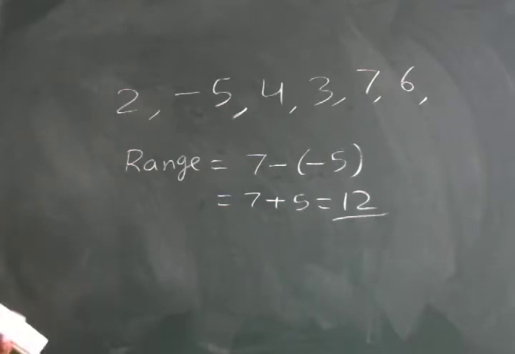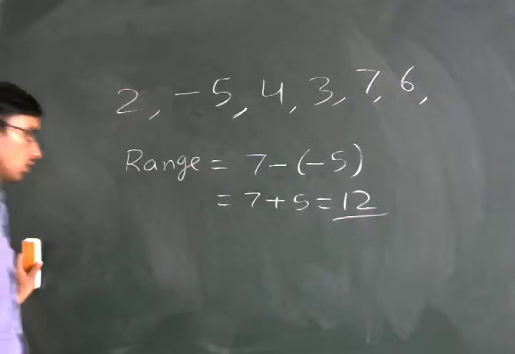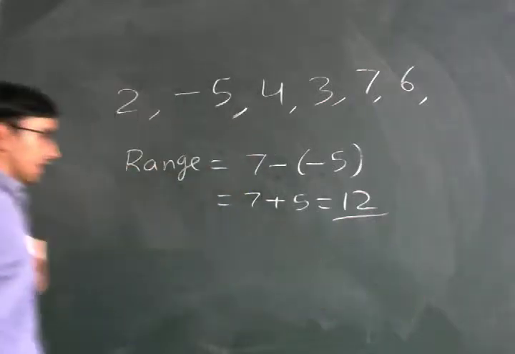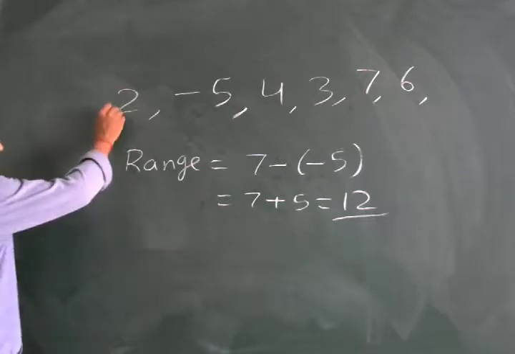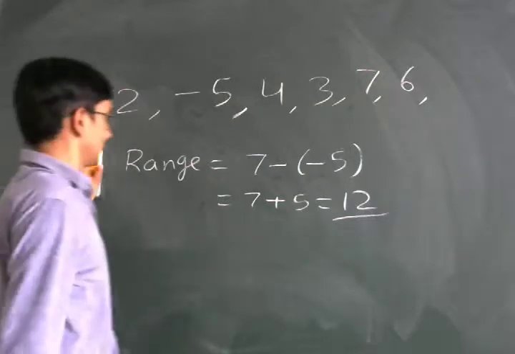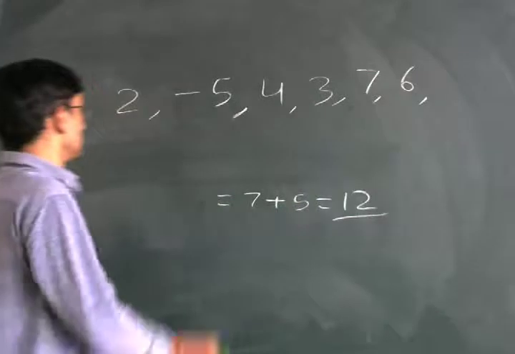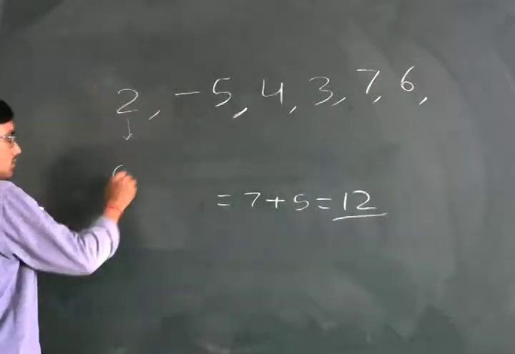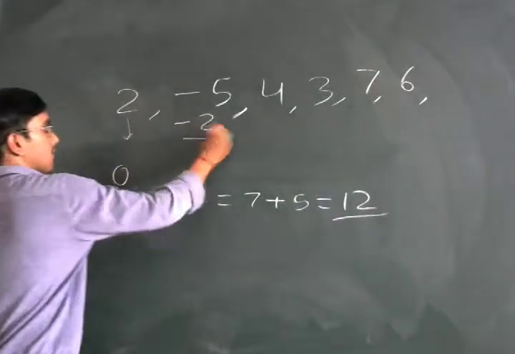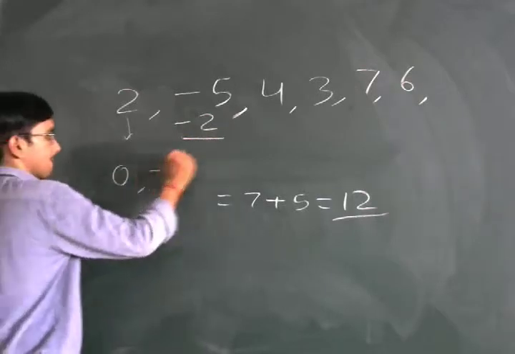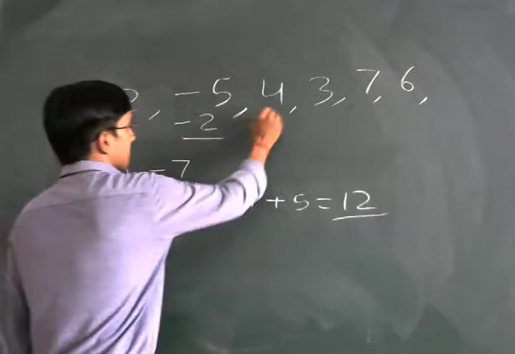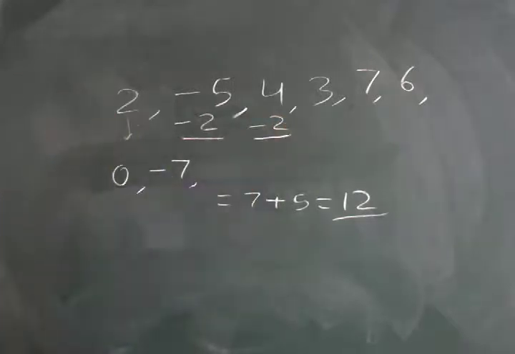Wow. Now if we subtract 2 from each, let us see what will happen. This 2 will become 0. Minus 2 minus 5. 7 minus 2. Next.